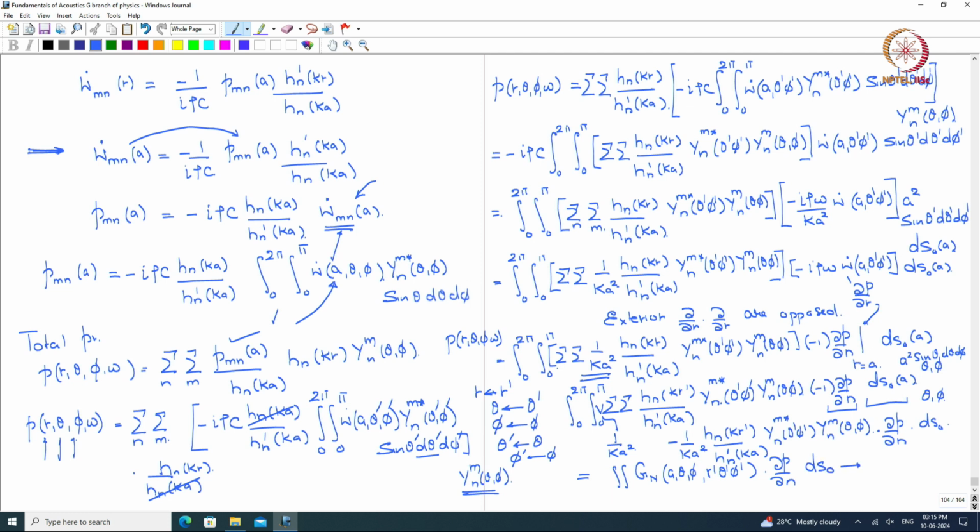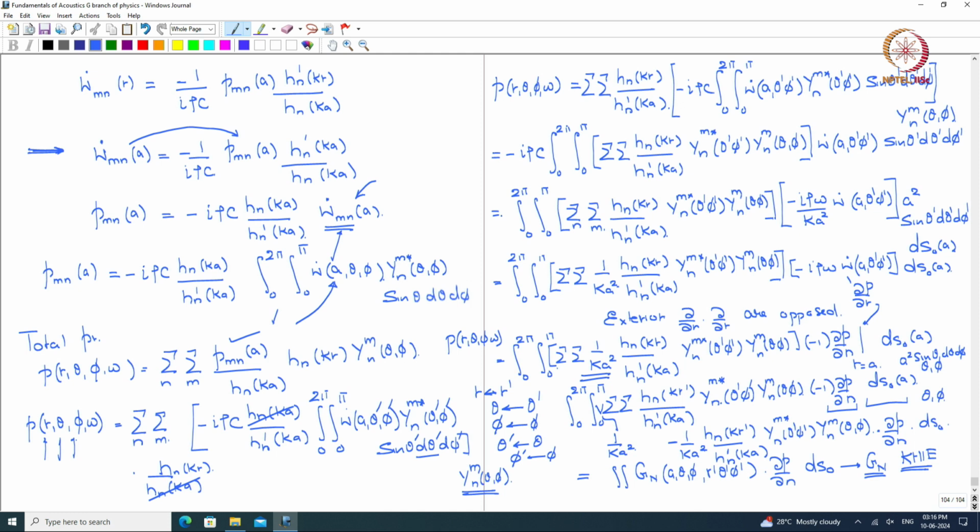So this is the Neumann Green function version of the Kirchhoff-Helmholtz integral. So we get the same answer. Okay.